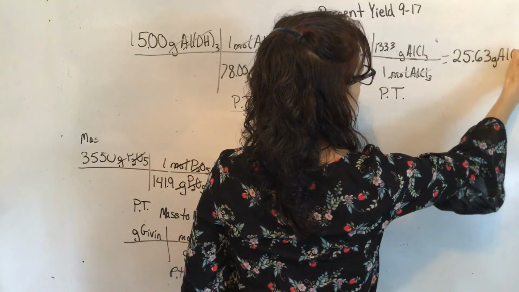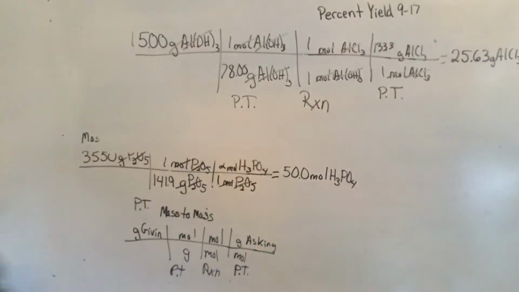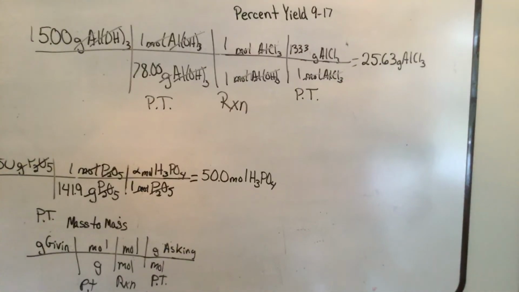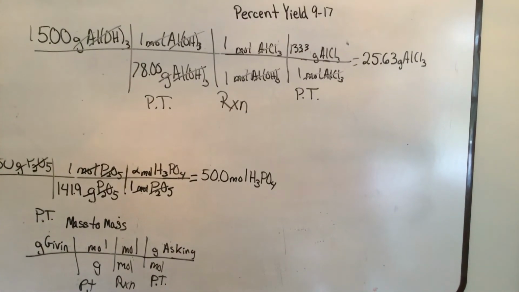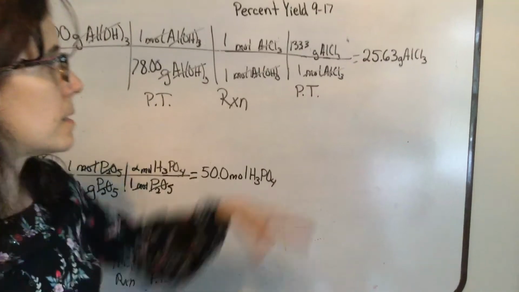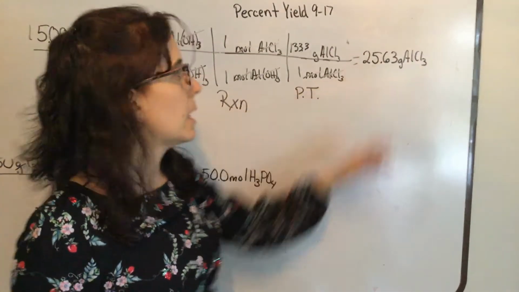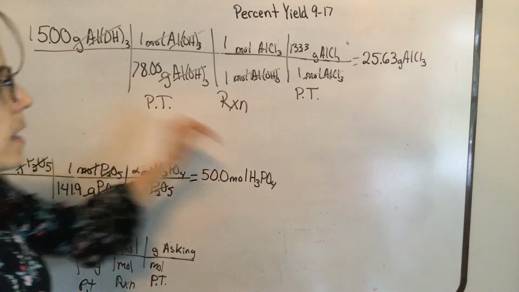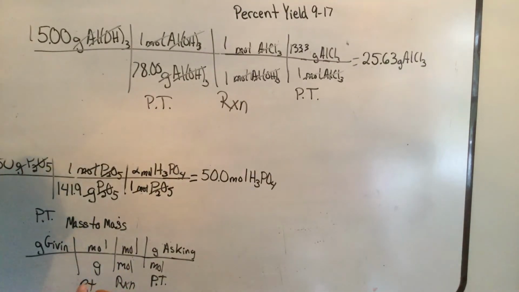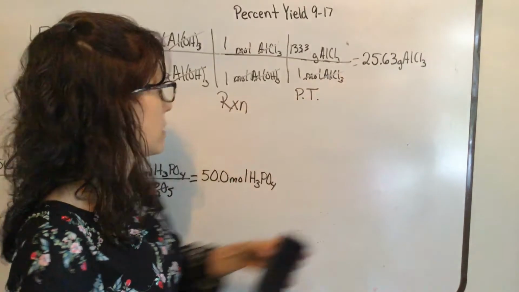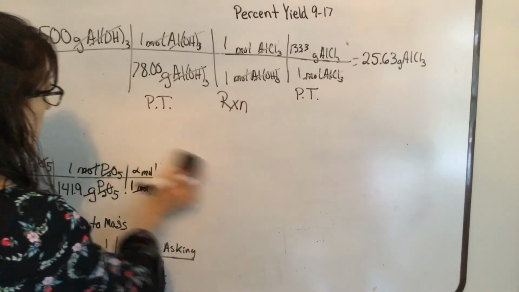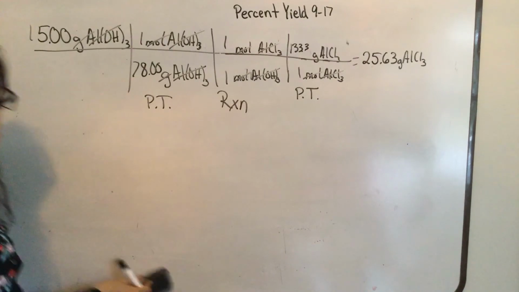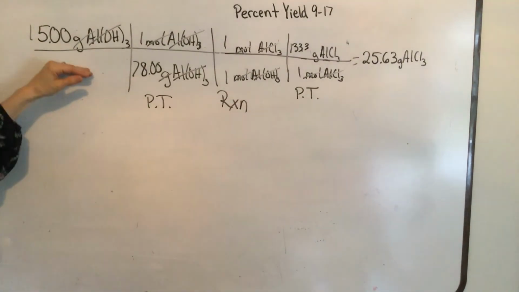All right, and I'm going to come over and change the camera because I know you probably can't see that. There we go. All right, and so the problem says, what is the theoretical yield? Well, if all of the 15 grams of aluminum hydroxide was reacted, theoretically this is what we would get. But in any reaction, not all of the substance is going to react.